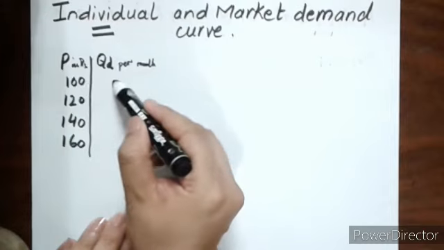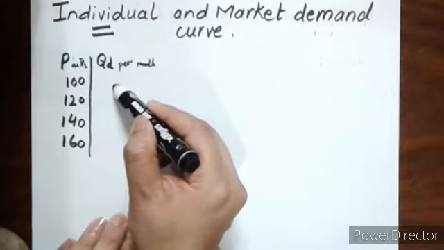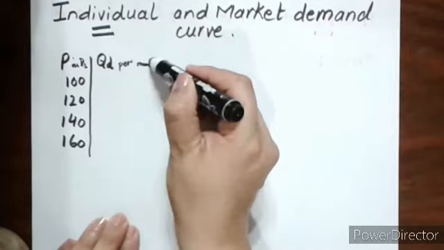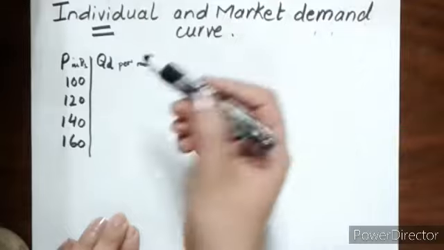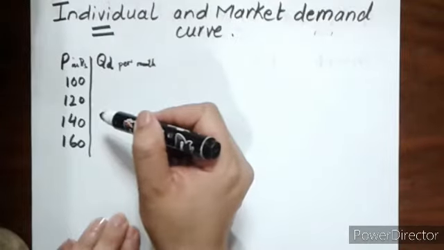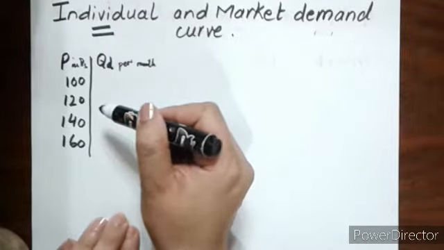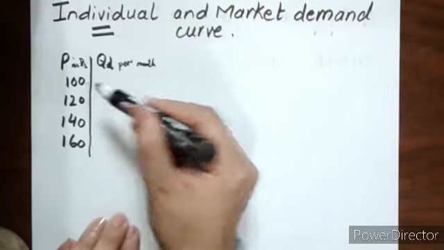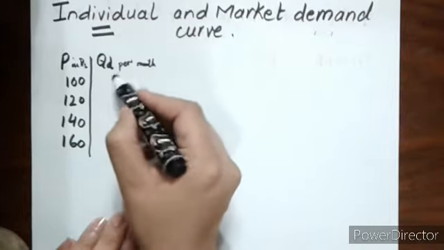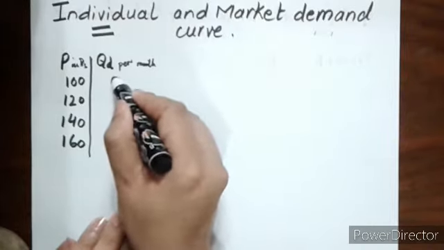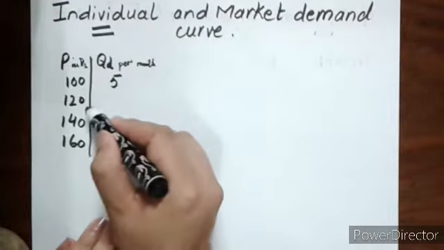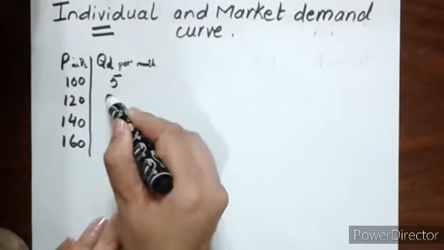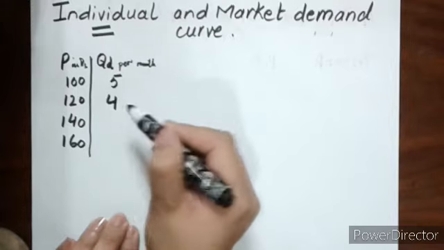So at lower price this person will be demanding greater number of shirts per month. Maybe he's buying for his brother and for his cousins also, and he's also giving gifts to his friends since the shirt is too cheap. So let's say he purchases 5 shirts at this price in a month. When the price rises to rupees 120, he starts purchasing 4.